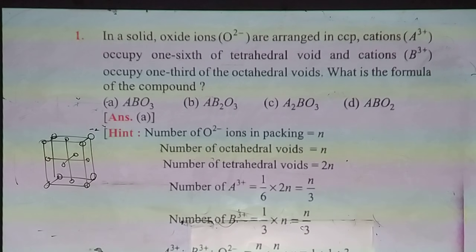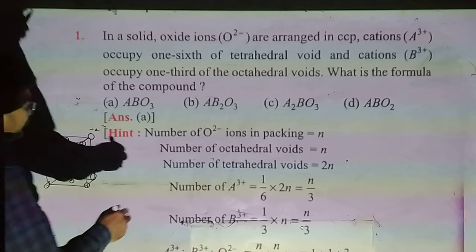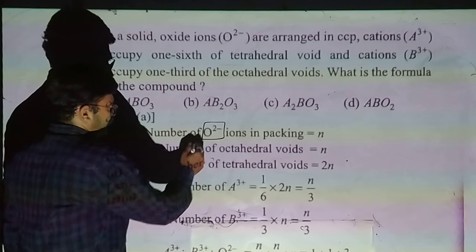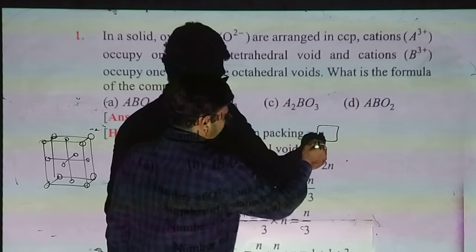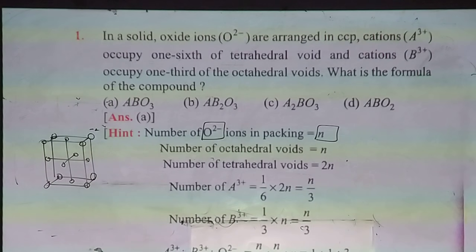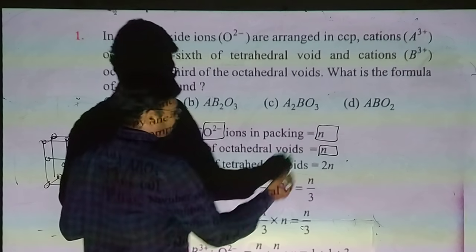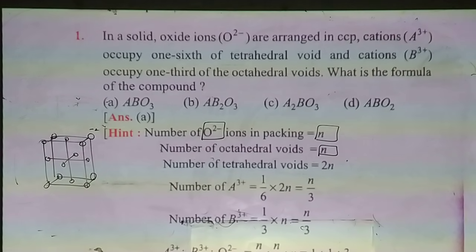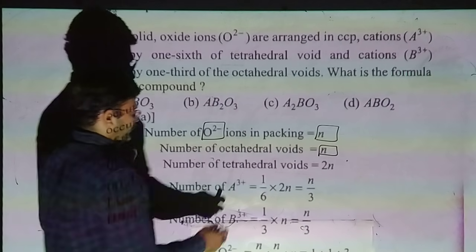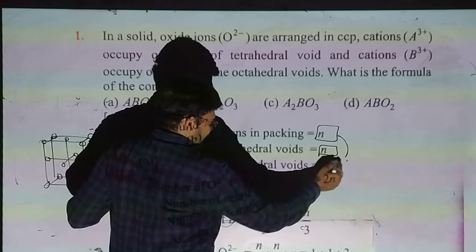Here we are assuming the number of oxide ions in the close packing is N. So the number of octahedral voids will be equal to our spheres. But tetrahedral voids are double, so it is 2N.